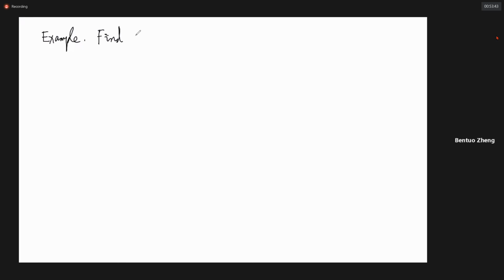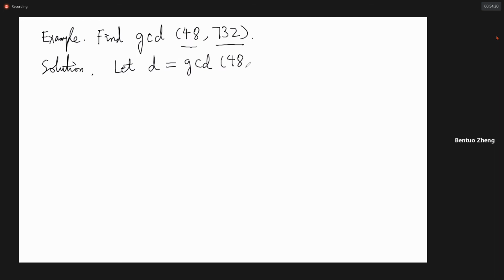Find the greatest common divisor of 48 and 732. Okay, so how do we find this? You see, one is 48, the other one is 732, but 732 is relatively bigger. So again, we let D be the greatest common divisor of 48 and 732.